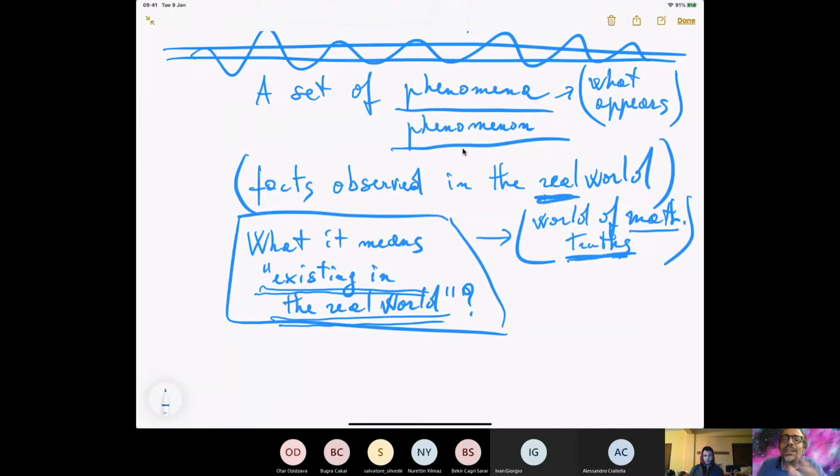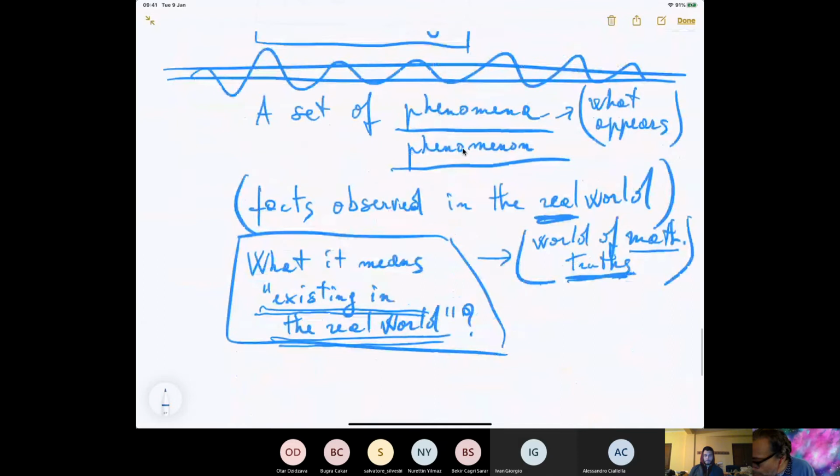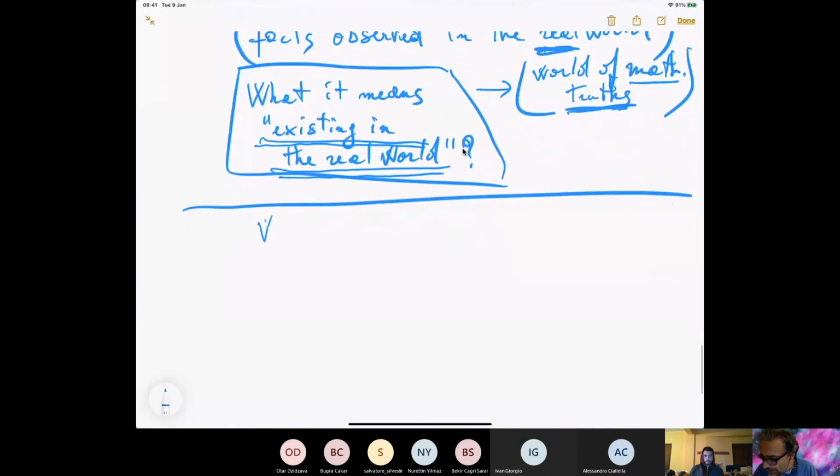So actually, we don't mind about what is really existing. We simply mind what we see. Okay. Okay, so we have a set of phenomena, and then we want to forecast future phenomena.